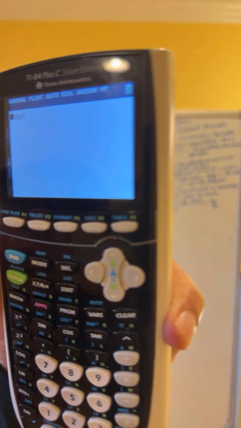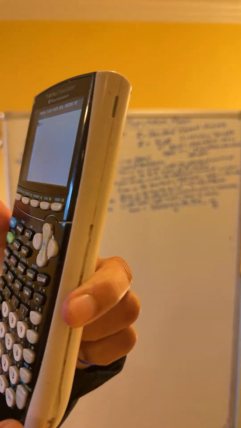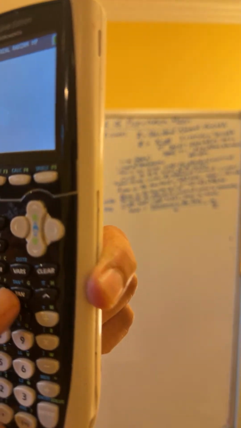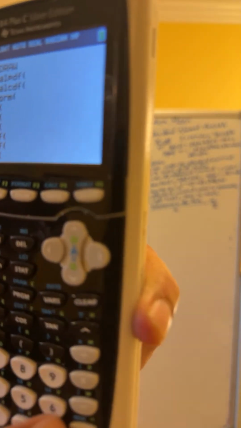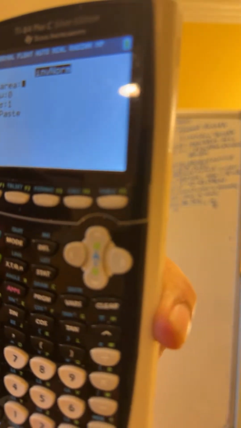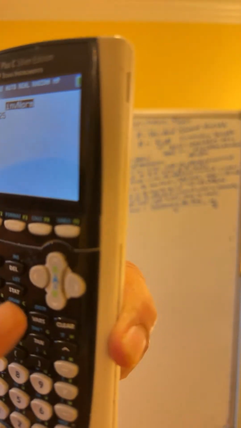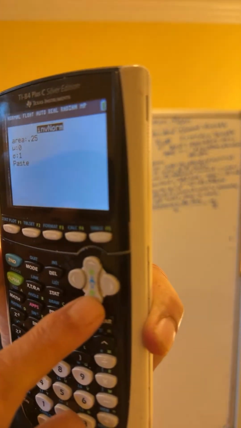You put the calculator on, clear everything, then press second. Inverse is in the third row. Then number 3 is invNorm. The area in the left tail is 0.025. Mean is 0, standard deviation is 1.